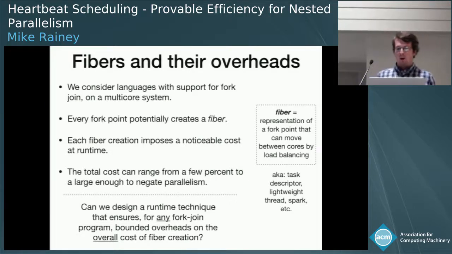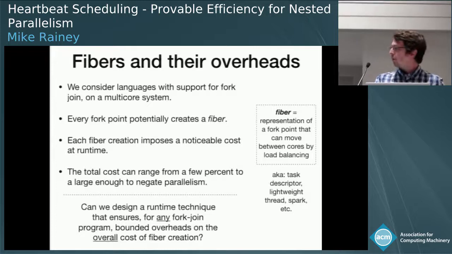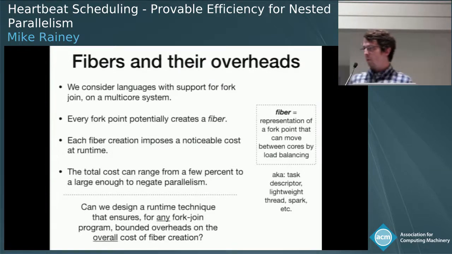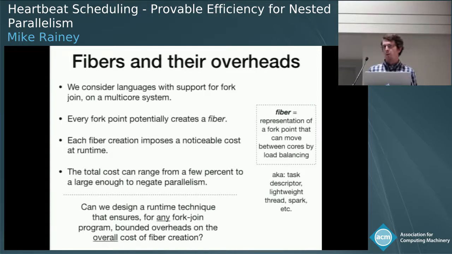Every fiber has a cost, the cost for creating the fiber, and that cost might individually be small, but taken as a whole could become quite large.